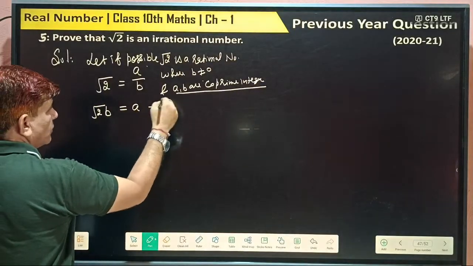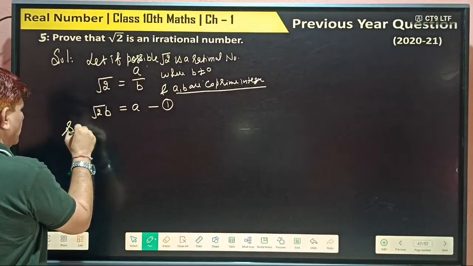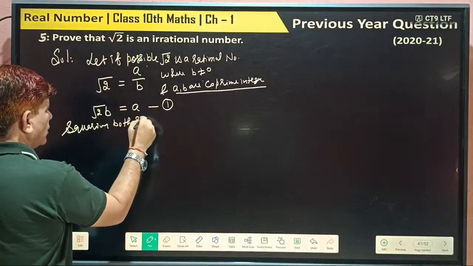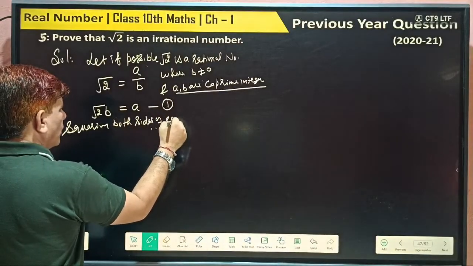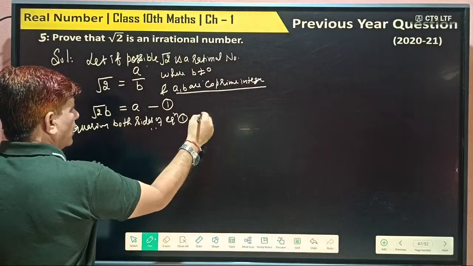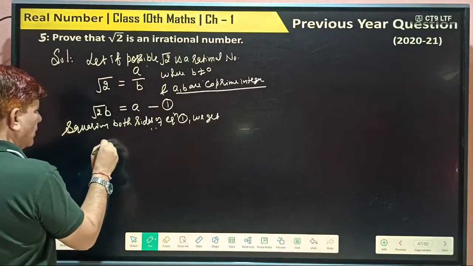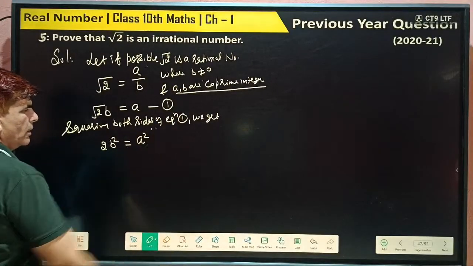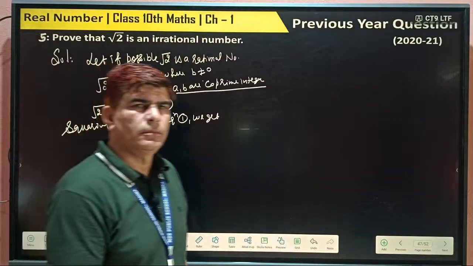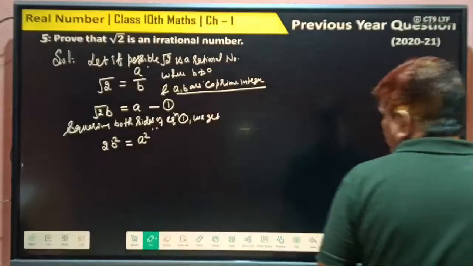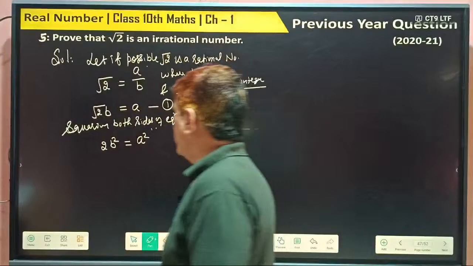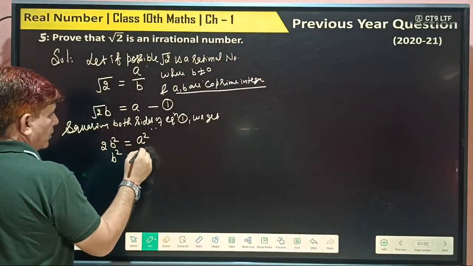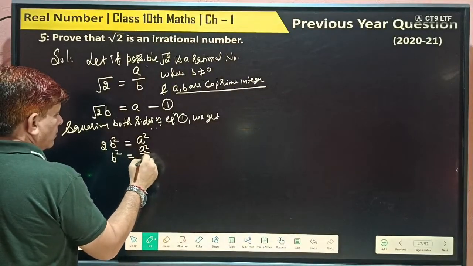So we can say, first, squaring both sides. Squaring both sides of equation 1, we get 2b square equal to A square. Understood? And what's its meaning? Its meaning is B square equal to A square by 2.